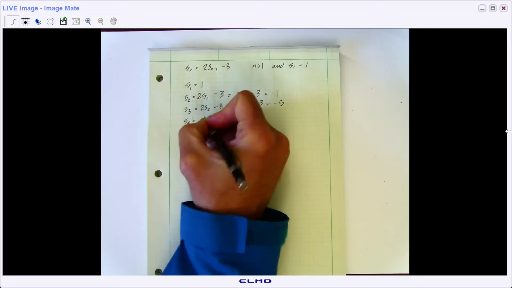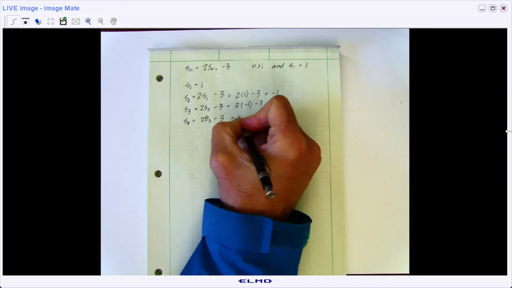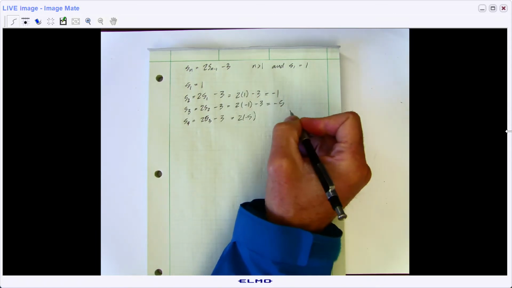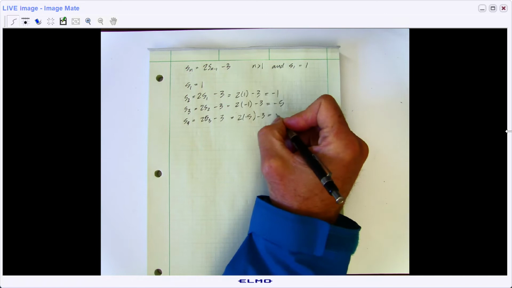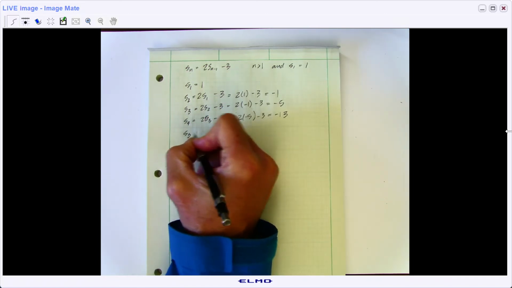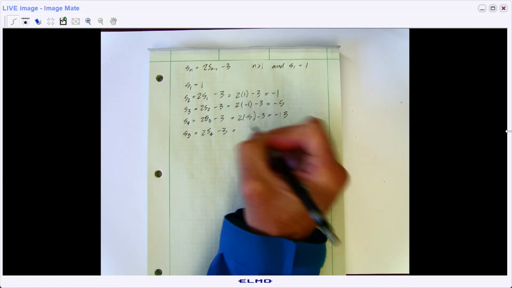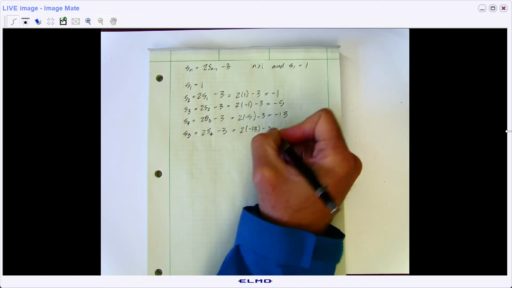S4 is going to be 2 times S3 minus 3. So it'll be 2 times negative 5 minus 3. It'll be negative 13. Let's just do one more. S5 equals 2 times S4 minus 3, which is going to be equal to 2 times negative 13 minus 3.